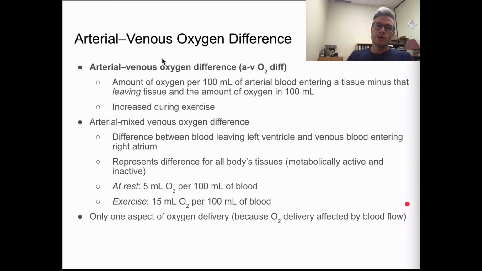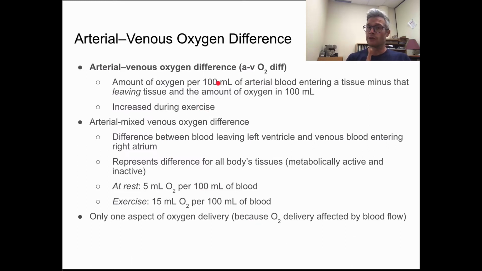Okay, so arterial venous oxygen difference is just denoted AVO2 diff, and again, that's just the amount of oxygen in the blood before it enters tissue minus the amount that had been taken out by that tissue, once the blood was leaving. And this obviously increases during exercise, this amount that the tissues will pull out.